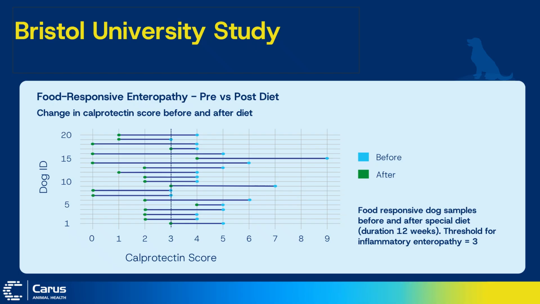This can really help with our communication with clients to be able to show them if, for example, we need to, as we very commonly do in food responsive enteropathies, try a second diet, or maybe if we say, actually, that inflammation was so high, maybe we just need a little bit more time and we'll retest in a month before deciding whether to go on to that second diet.